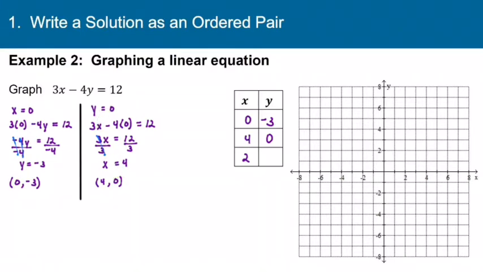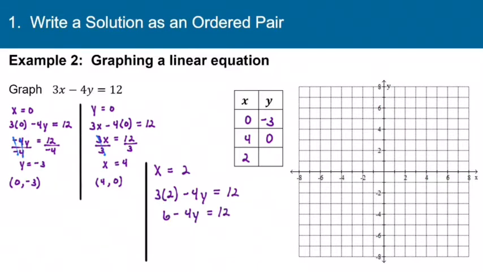And then for our third point, let's plug 2 in for x. So we'll have 3 times 2 minus 4 times y equals 12. Okay, 3 times 2 is 6. And that's going to give us 6 minus 4y equals 12. And now we want to isolate the y. So let's subtract 6 from both sides.